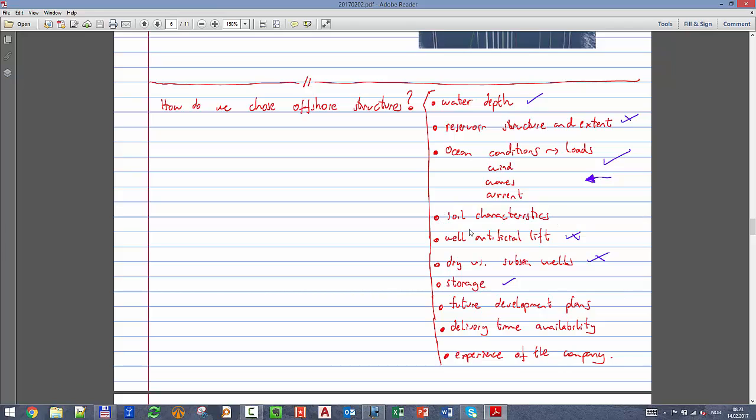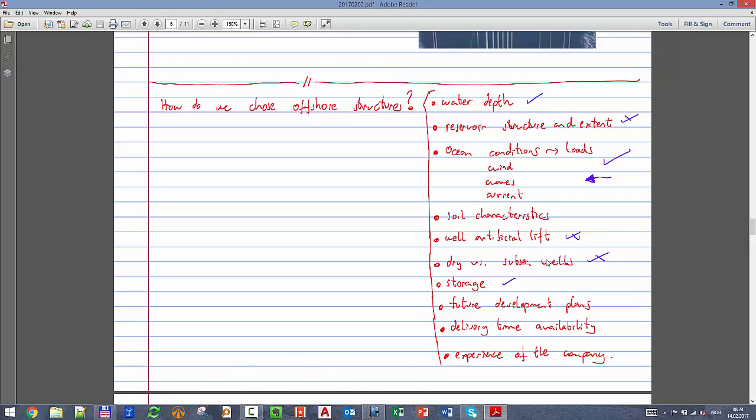I told you very briefly: if you can anchor, and you are not expecting any subsidence of the seabed. If you're expecting any movement, then you don't want to put a fixed structure. Then how often, that has to do with the intervention on the wells. How often do you expect to make interventions on the wells? If you expect to do it very often, then you want to have a drilling package. Then you want to have a dry Christmas tree.